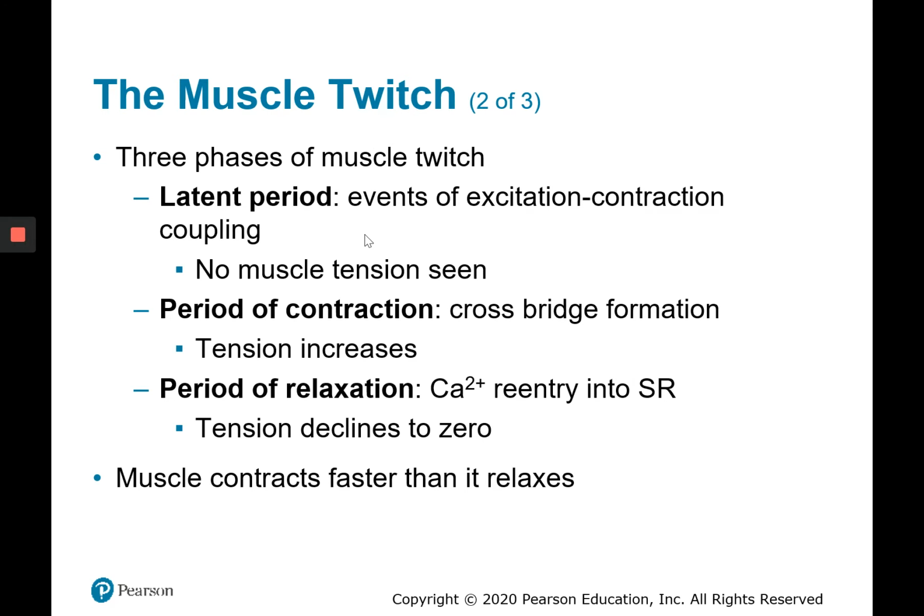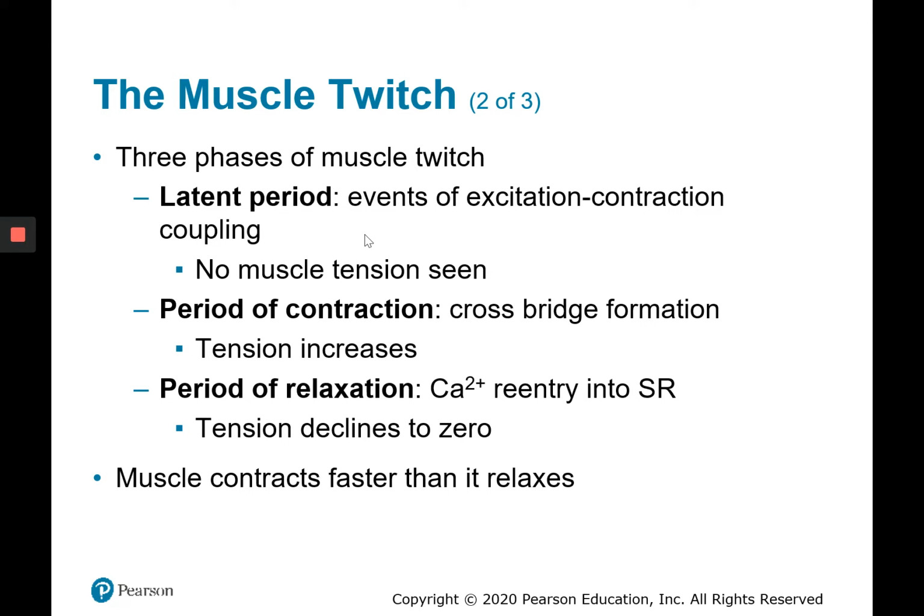There are 3 phases to a muscle twitch: a latent period, a period of contraction, and a period of relaxation. Those are the 3. During the latent period, we're not going to see any muscle tension, because during the latent period, we are not going to see any cross-bridge formation.